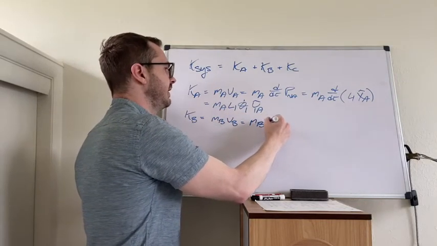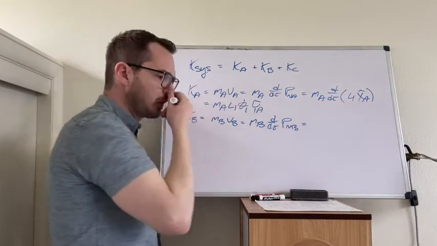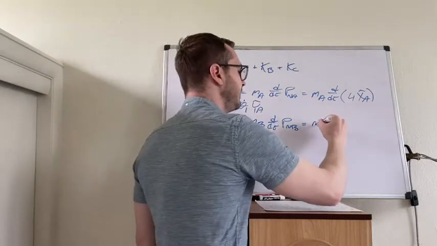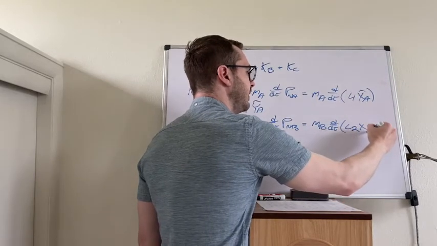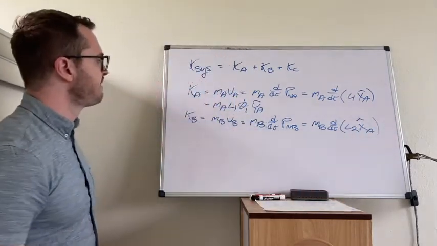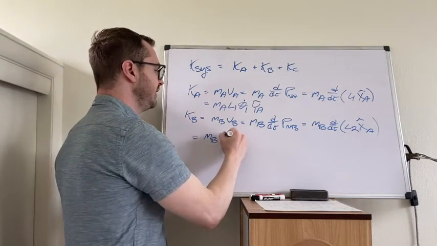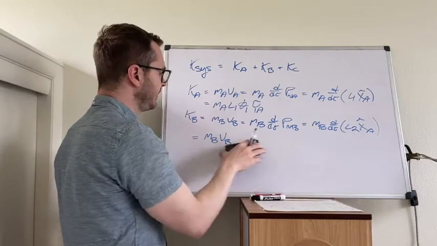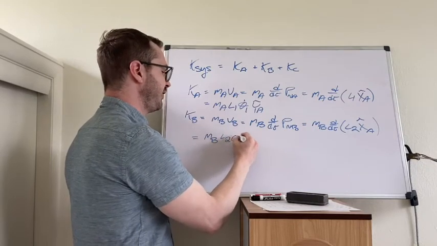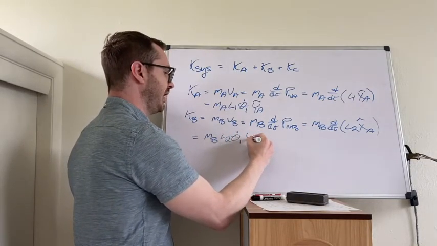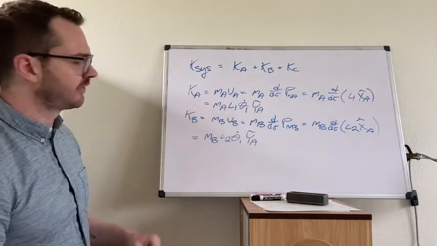This is MB d/dt of P into B. Let's call P into B L2 X hat A. Okay, so KB is MB VB, MB times L2 theta 1 dot Y hat A. So here's KA, here's KB.